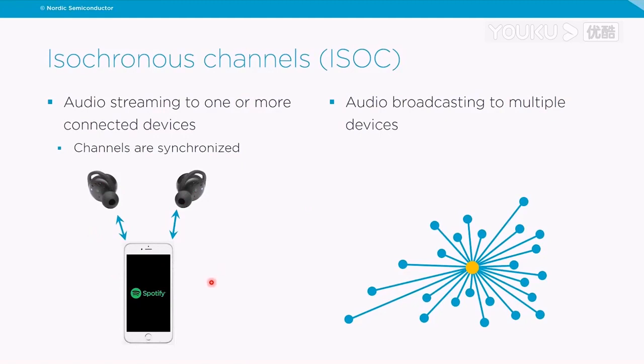This is not possible with Bluetooth Classic. Then you would have to transfer the audio to one of the earbuds, and then that would relay one of the channels to the other one. And this is not ideal, either from a quality perspective or from a power perspective. It also enables audio broadcasting to multiple devices.